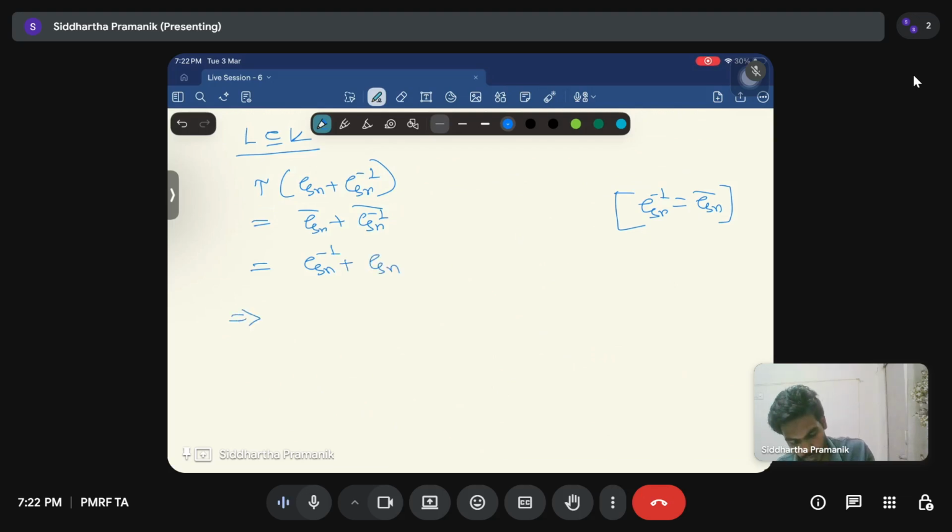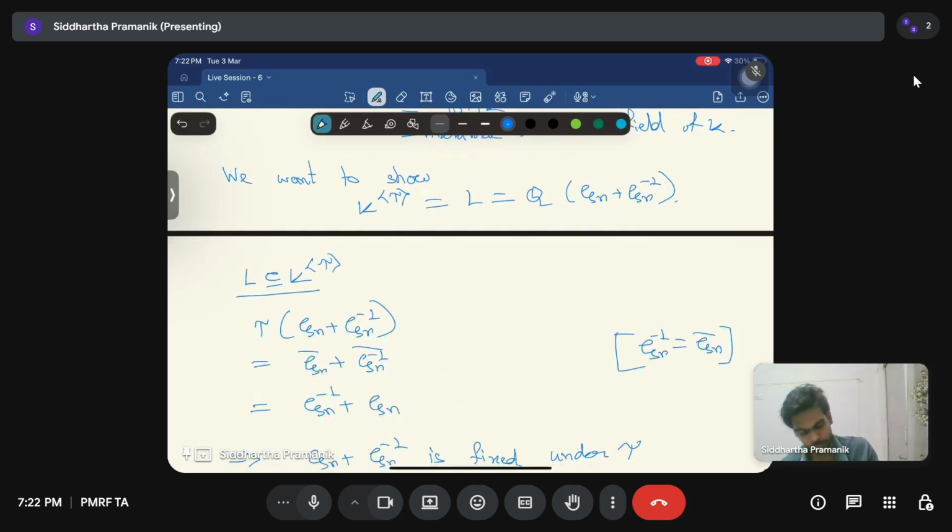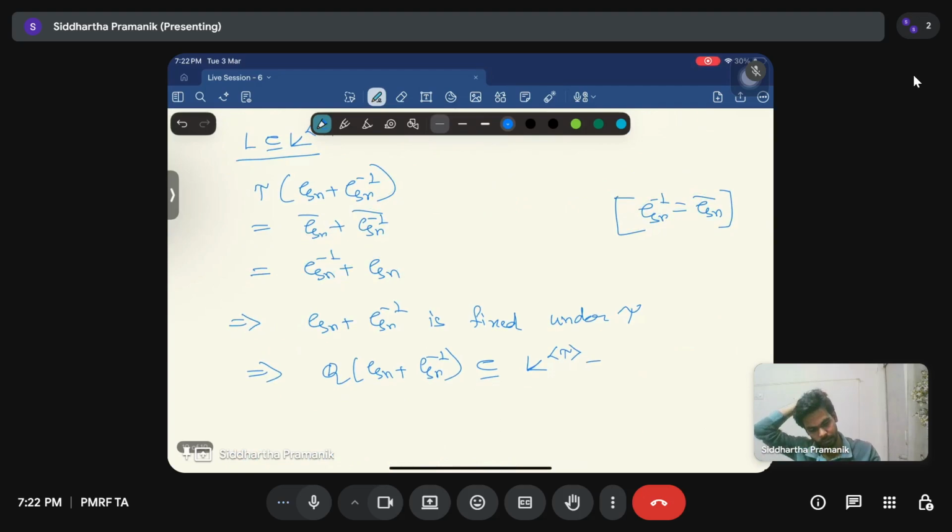So this implies zeta n plus zeta n inverse is fixed under tau. So this implies Q adjoin zeta n plus zeta n inverse is a subset of the fixed field of tau in K. Okay, so we have proved the one side. This one is fairly easier.